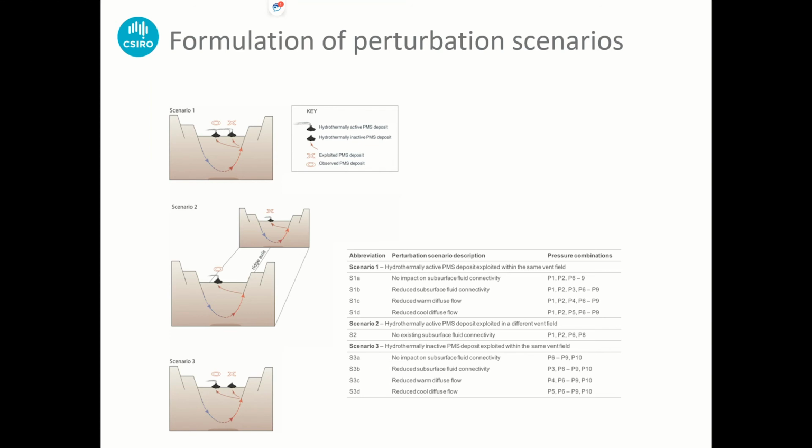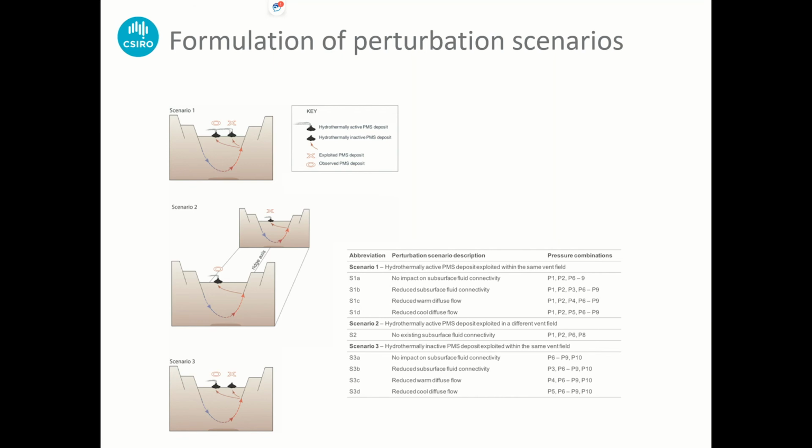So in exactly the same way that we did for the deep sea, for the pelagic communities, what are the combination of things that are actually going to occur together in any sort of vent mining activity? Scenario 1 is where we had some sort of hydrothermally active deposit exploited in the same vent field as the vent that we're concerned about, an unexploited vent.